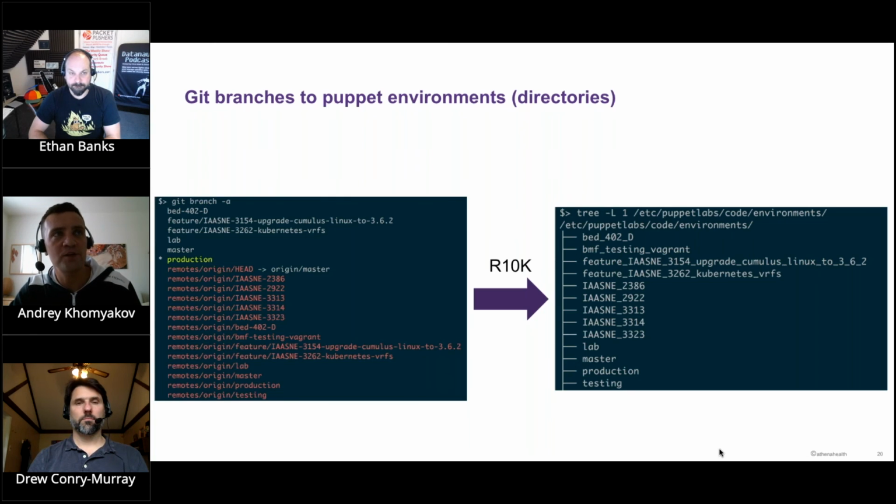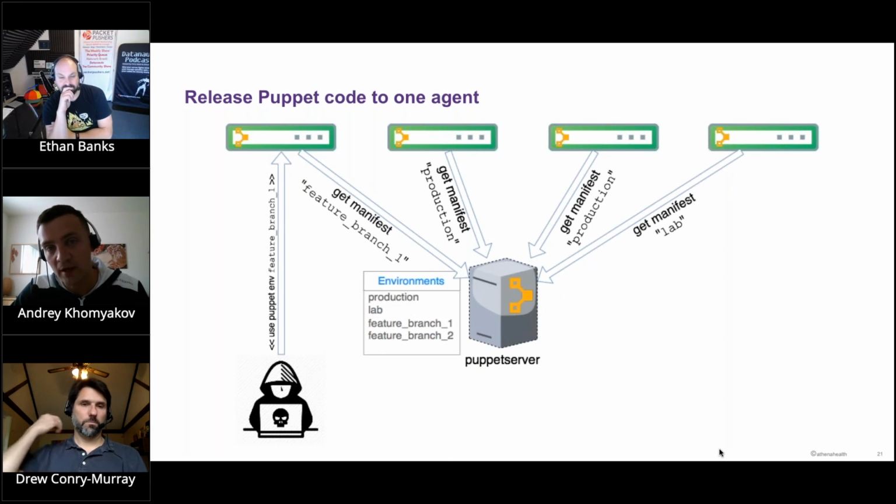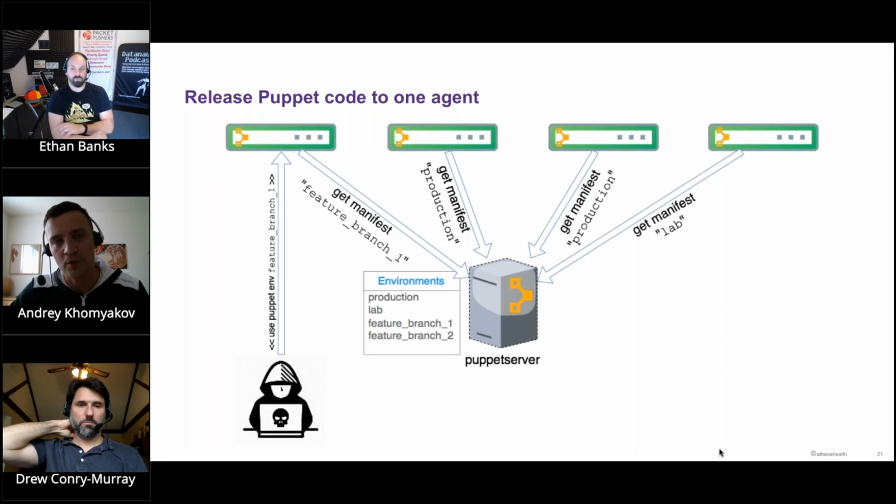So now I connect to one agent because I want to test how this code applies to a real switch. I log into the switch and say, you are now a member of that feature environment as opposed to the production environment. Now the change I am developing only goes to that one switch, so I don't have to merge it anywhere. I'm no longer risking rolling out a bad change that I have developed to 100 nodes or 500 nodes. So it gives you that flexibility.